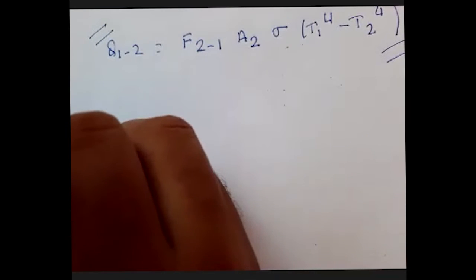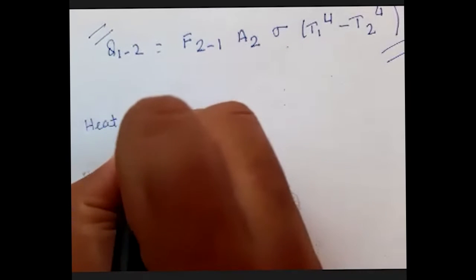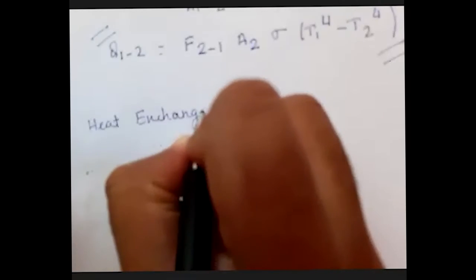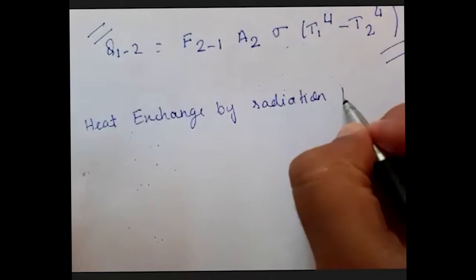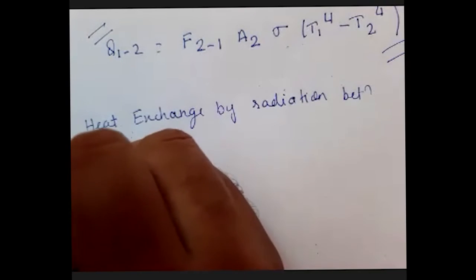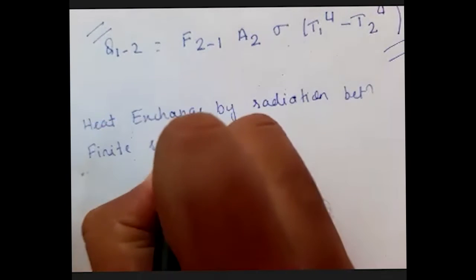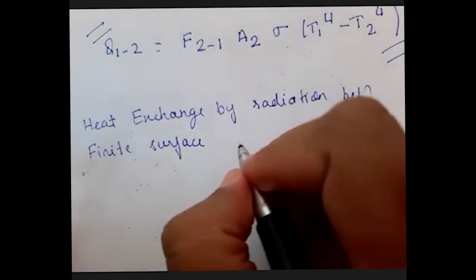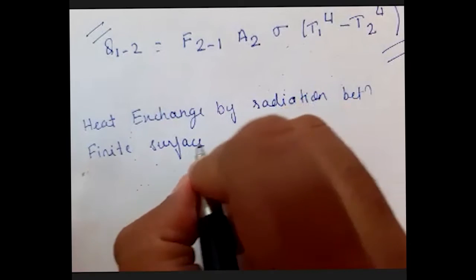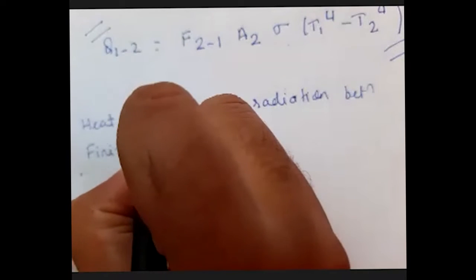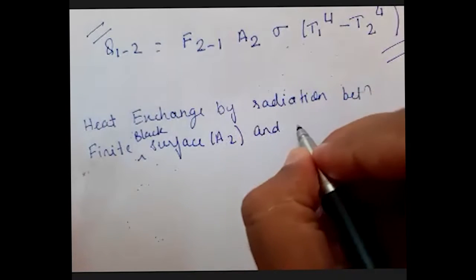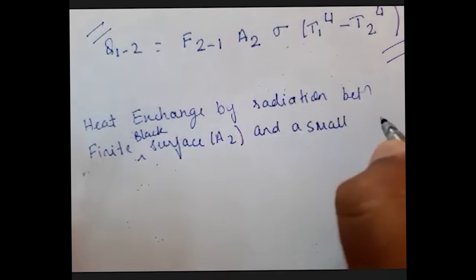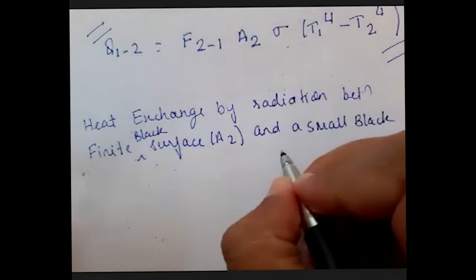Moving ahead, let us consider the heat exchange by radiation between a finite black surface A2 and a small black surface A1.